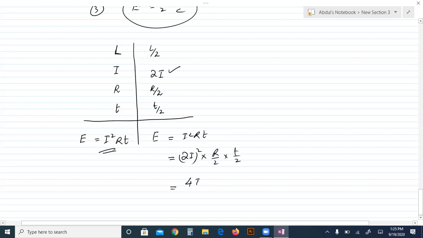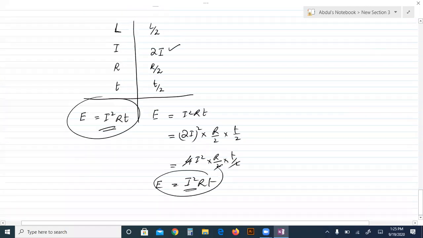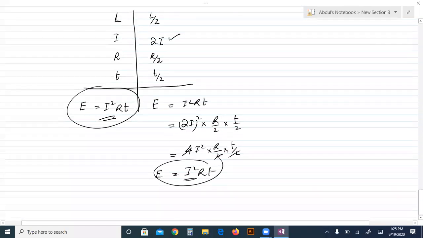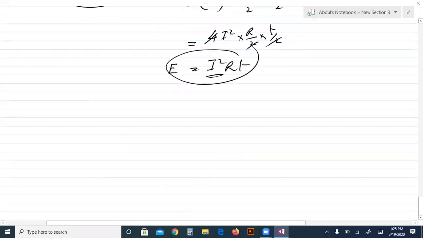So 4I square times R by 2, T by 2, the 2, 2, 4 cancelled. So in all cases, the loss of energy will remain same. So we can't improve the efficiency of the capacitor. Half of the energy is lost in all cases.